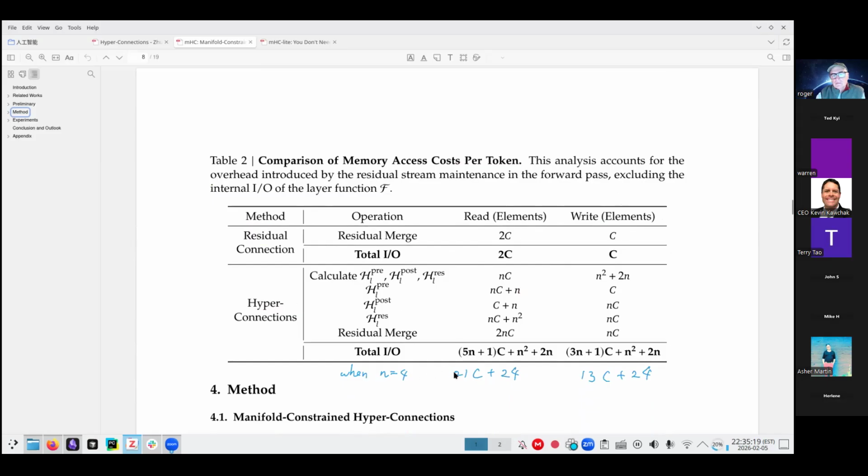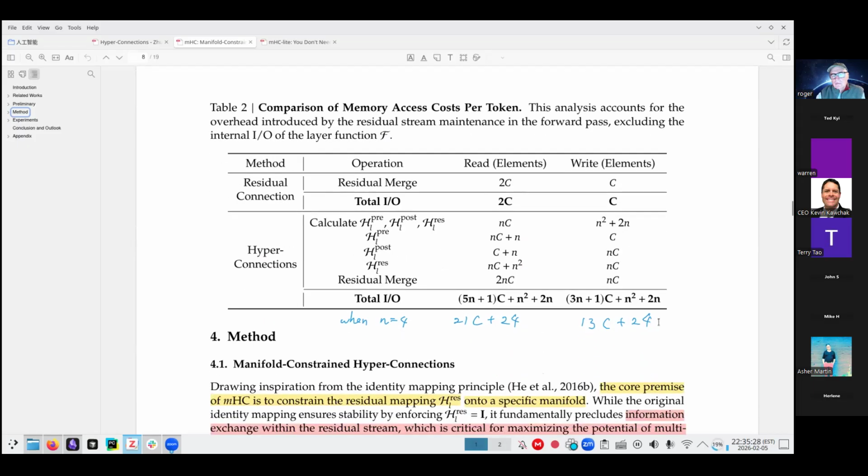So when n is 4, I'm not actually sure of the implications, but it's probably very costly.